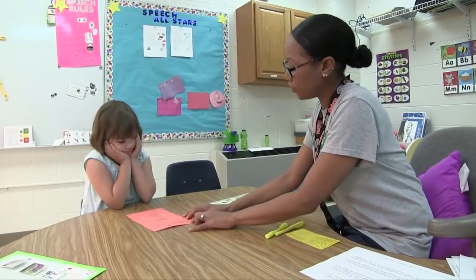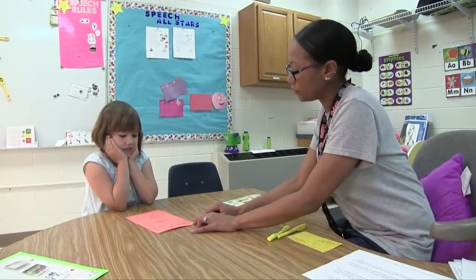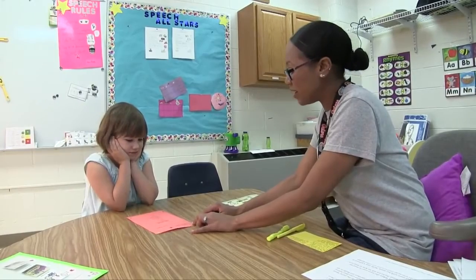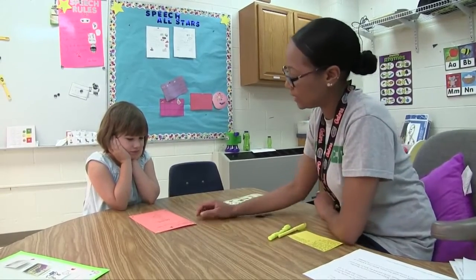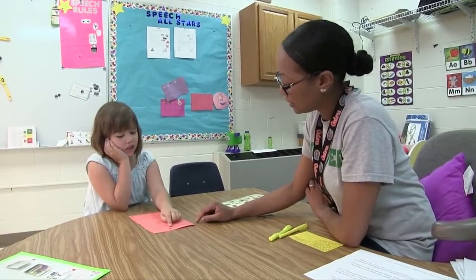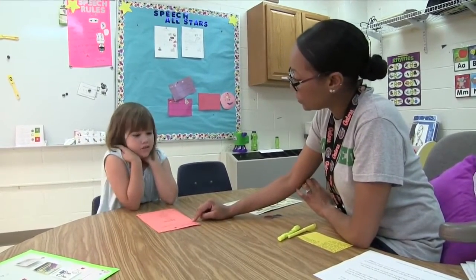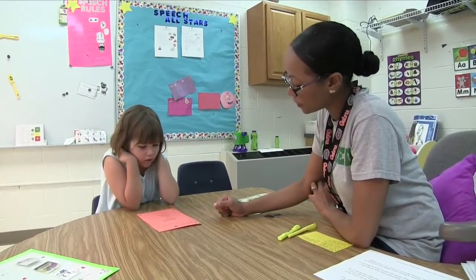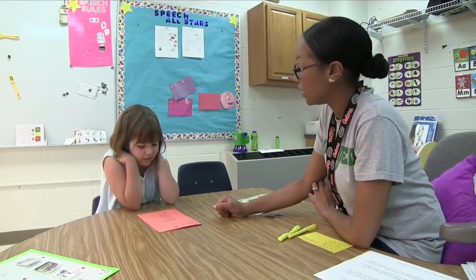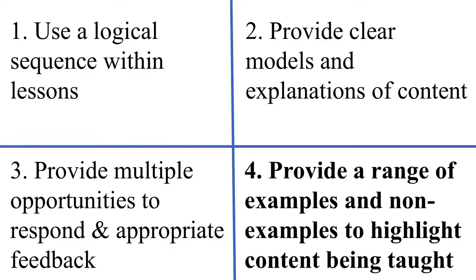How about you read this for me? What does that say? Adding. Addition. Close, Molly. I like how you corrected yourself that second time. You're right. Added on. Addition. Addition. Would you like to try and read that sentence for me? Pulling two or more things together. Great. I love how clearly you read that.